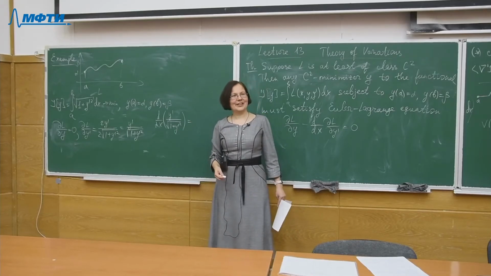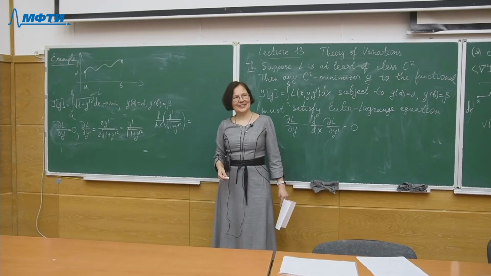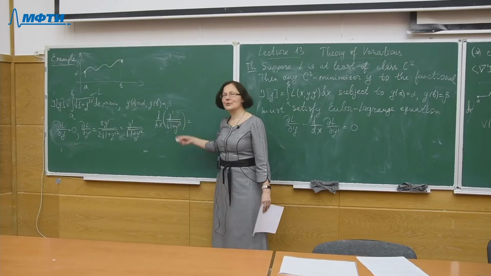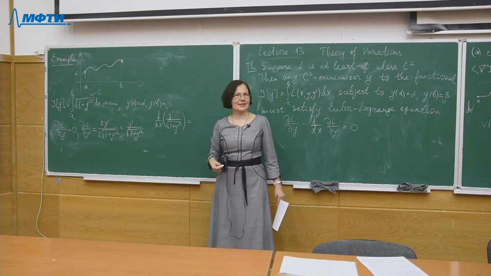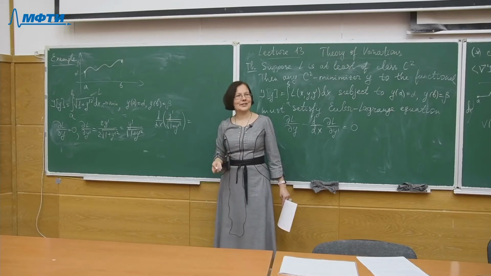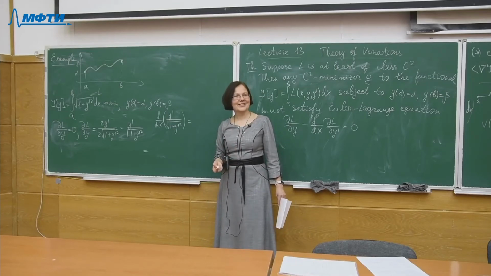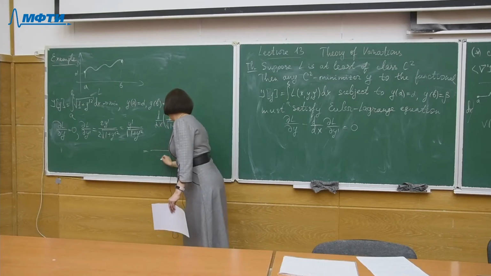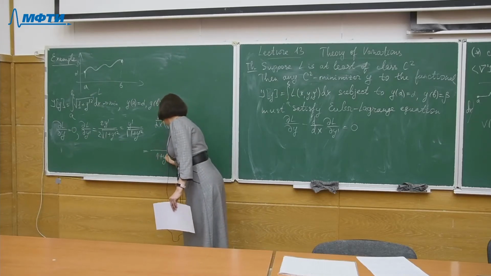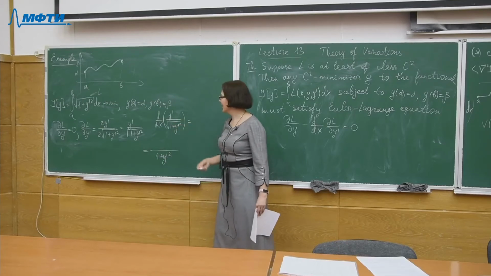Do you know the quotient rule? So the ratio of two functions. First, we need to differentiate the numerator. And the answer is going to be over the denominator squared. Yes, and differentiate this.